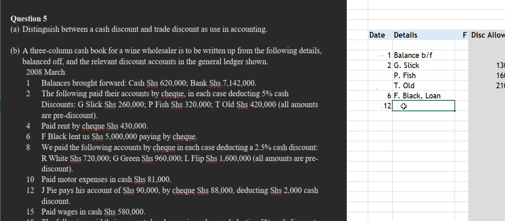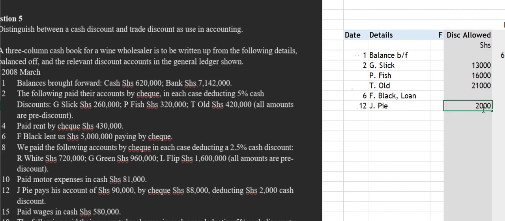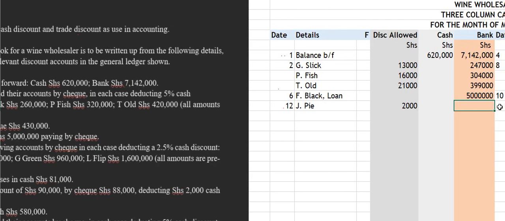This is on 12th, so we write JetPay. There's a discount allowed of 2,000. It was a check receipt, that is 88,000.